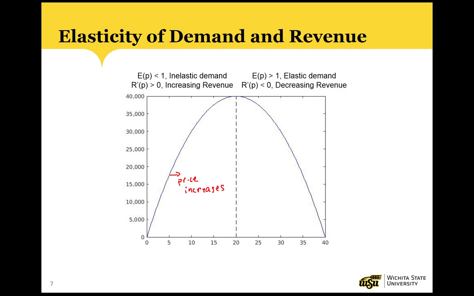And if we have a price increase, we see that in this region of the graph, we also have a revenue increase. This is opposite from the behavior that we see on this side of the graph, where a price increase here generates a revenue decrease.